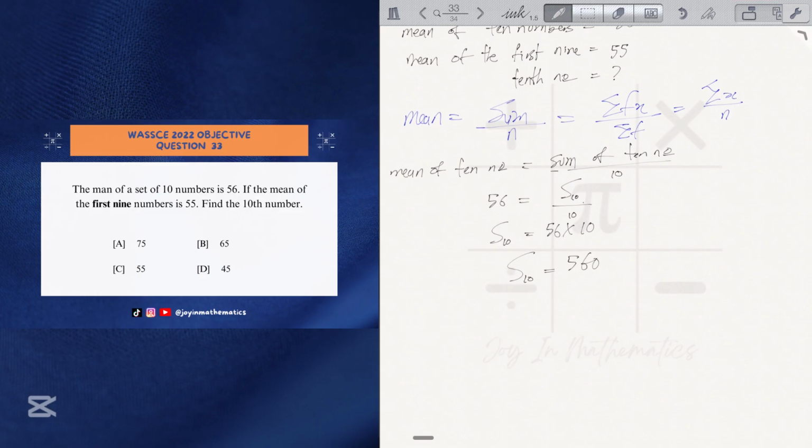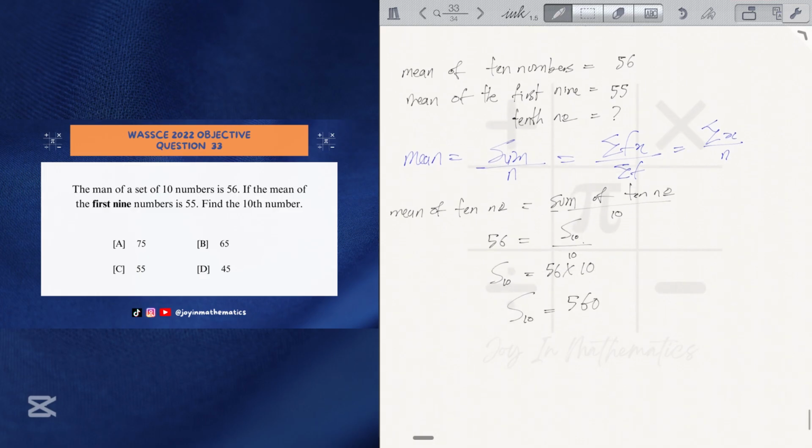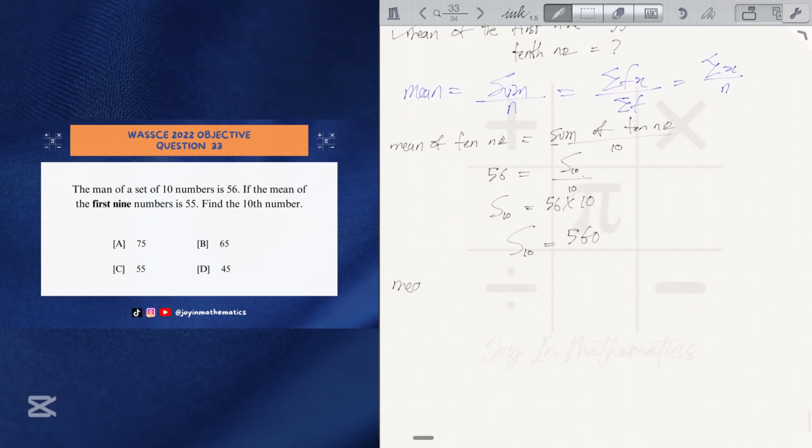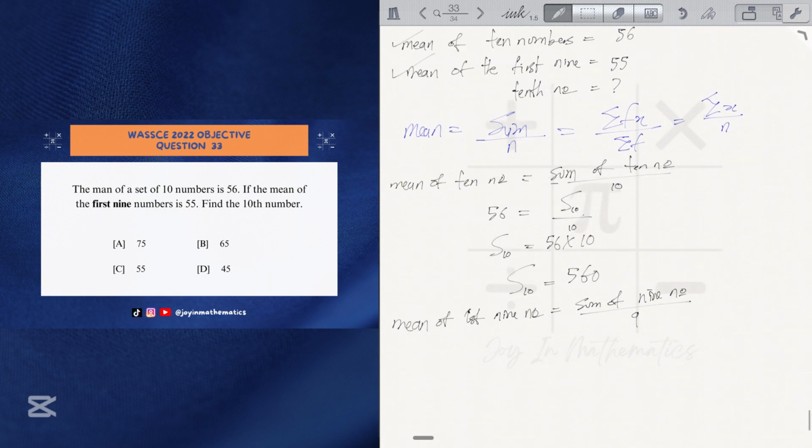Just as we're given the mean of 10 numbers to be 56, we're also given the mean of the first 9 numbers to be 55. So the mean of the first 9 numbers is equal to the sum of the first 9 numbers divided by 9. So 55 is equal to the sum of the first 9, let's call it S9, divided by 9.